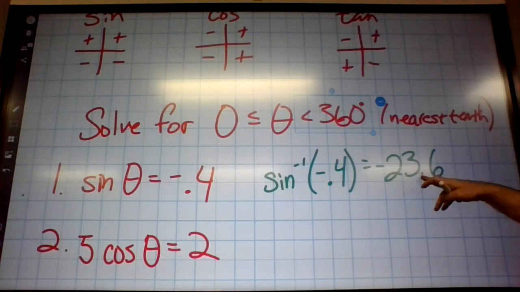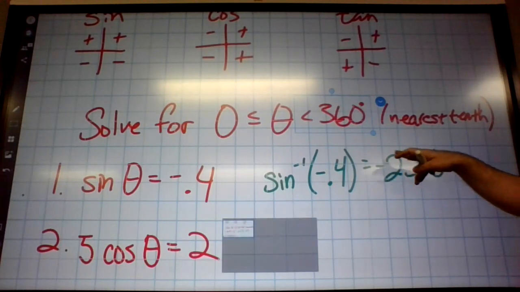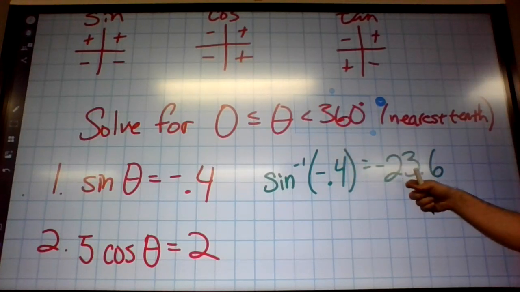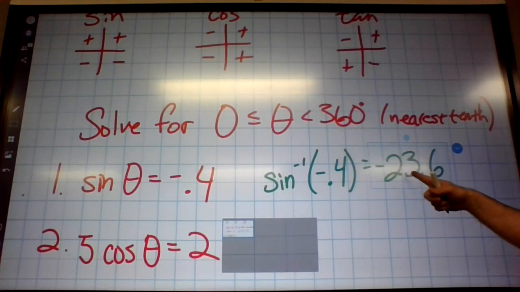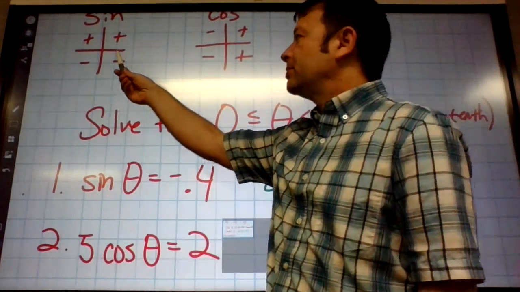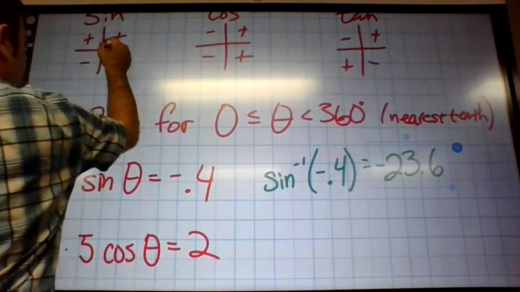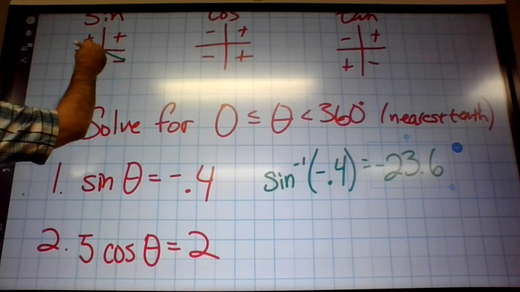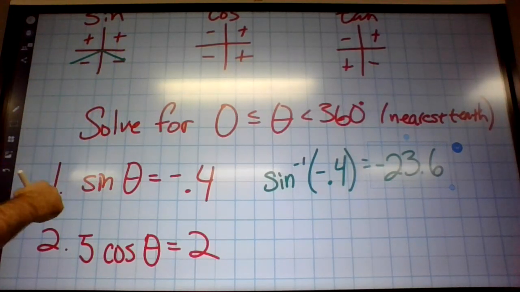Okay, now this is not an answer, right? Because it's not between 0 and 360. It's negative. But what quadrant would this be in? Fourth. So we need a positive fourth quadrant angle, and we also need a third quadrant angle.